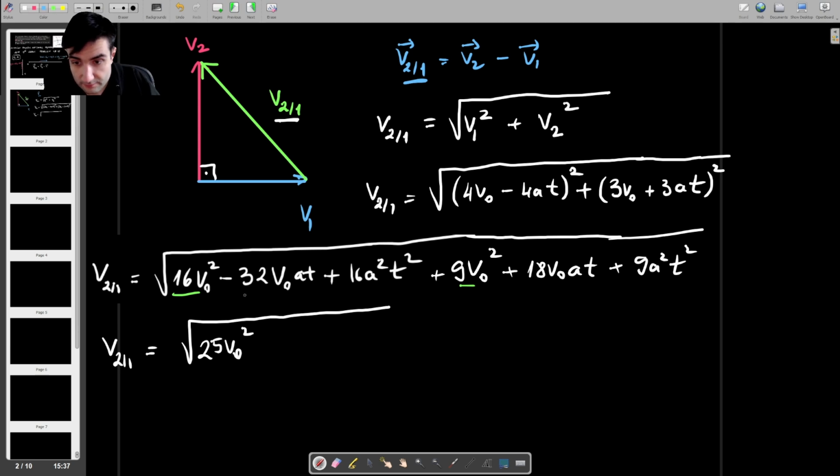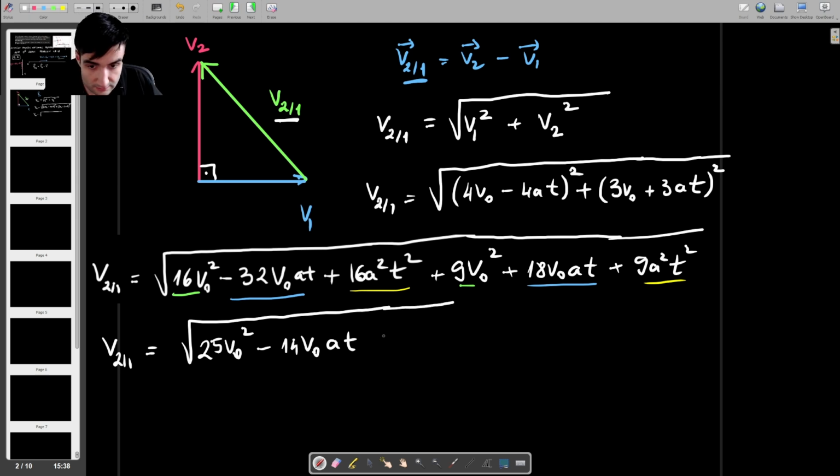Then we have minus 32 with 18 and we have minus 14 v0 at, and finally we have again 16 and 9, which gives us 25 again, so 25a squared t squared.